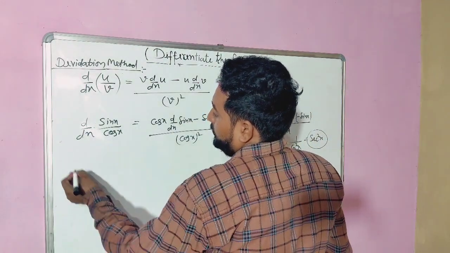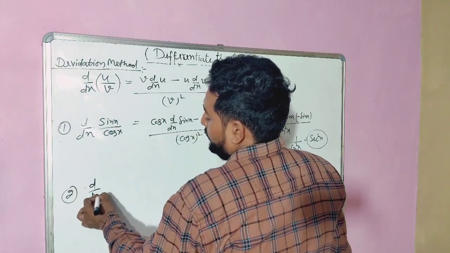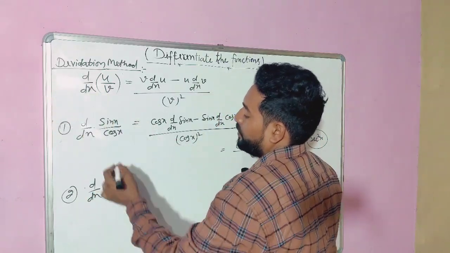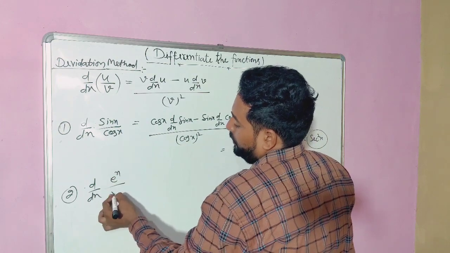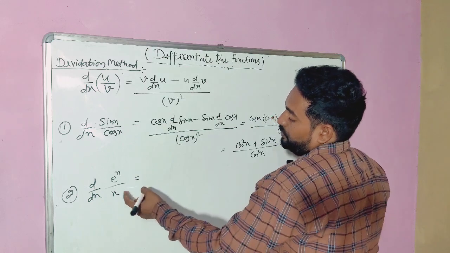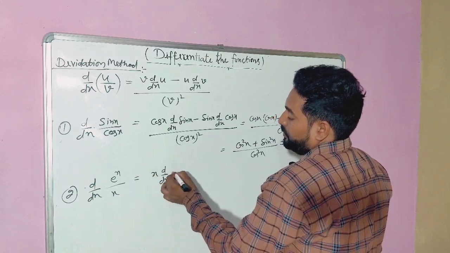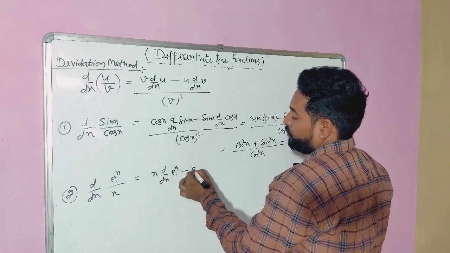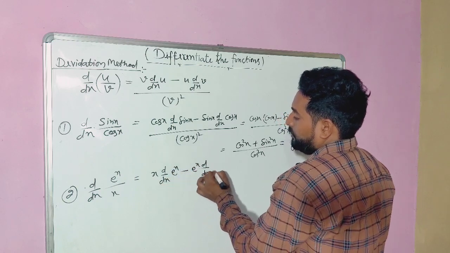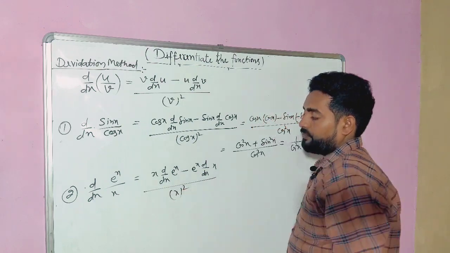So let's find the second question. d upon dx e power x upon x. x is the denominator: denominator d upon dx numerator minus numerator d upon dx denominator, upon denominator whole square.